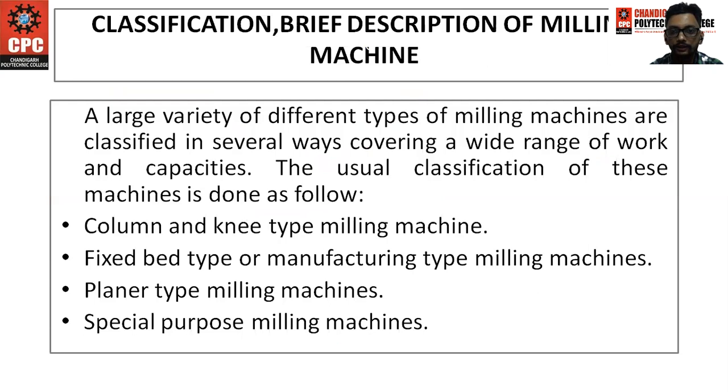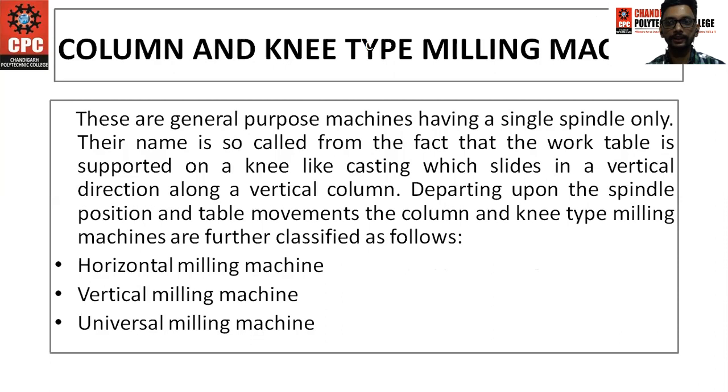The usual classification of these machines is as follows: first is column and knee type milling machine, then fixed bed type or manufacturing type milling machine, planer type milling machine, and special purpose milling machine. So these are some types of milling machines. In the next slide, column and knee type milling machine.